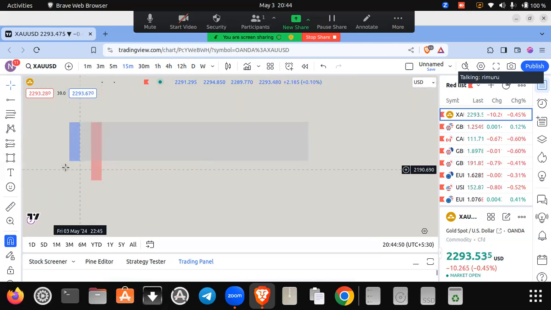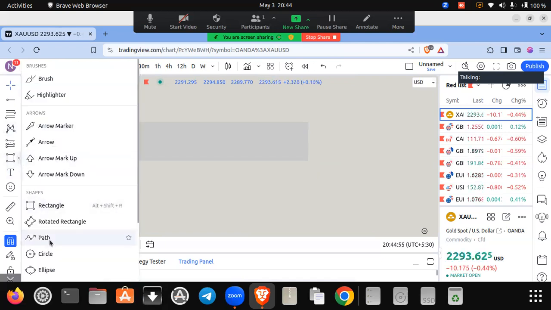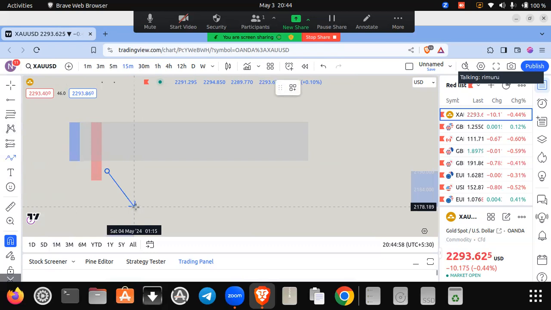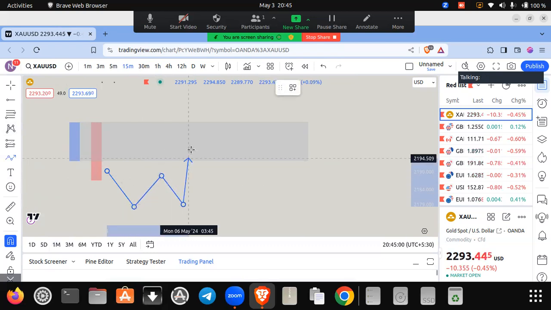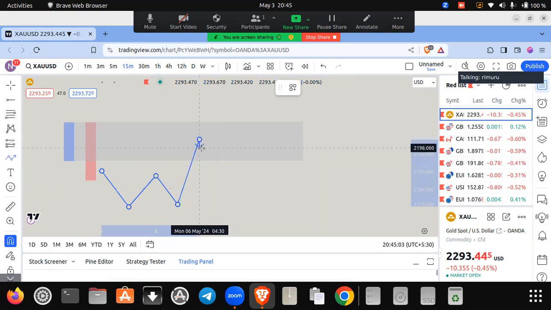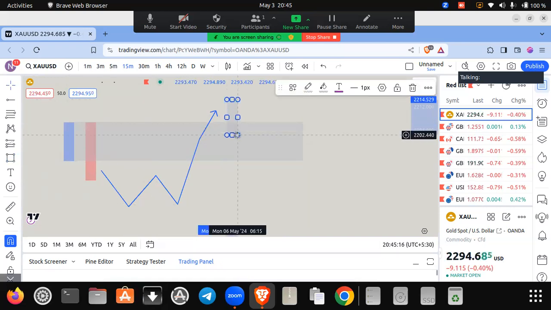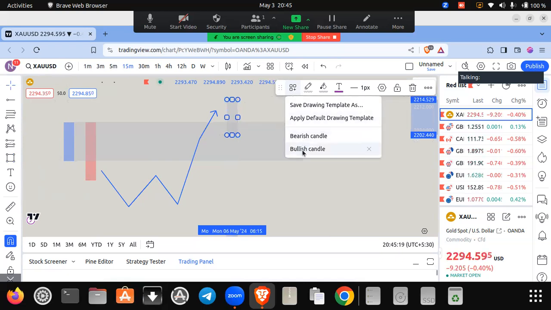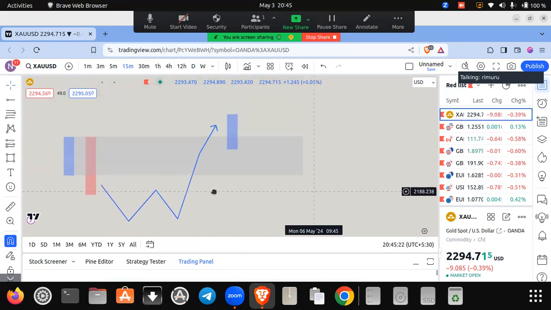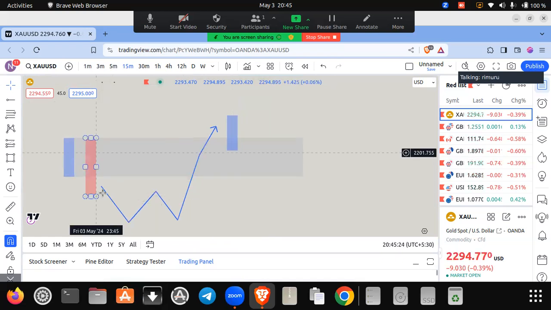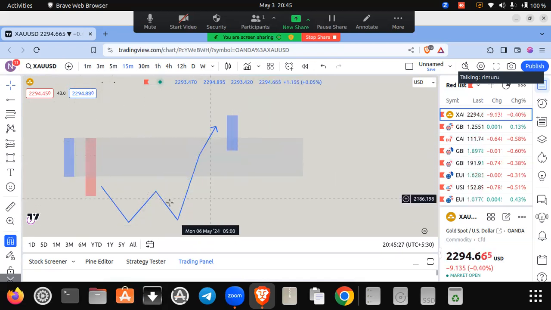Now here we have a simple engulfing sell zone and price is moving, and now price reaches this zone and breaks it. This bullish candle broke this zone. Now what is this zone? This zone is an engulfing sell fail zone.